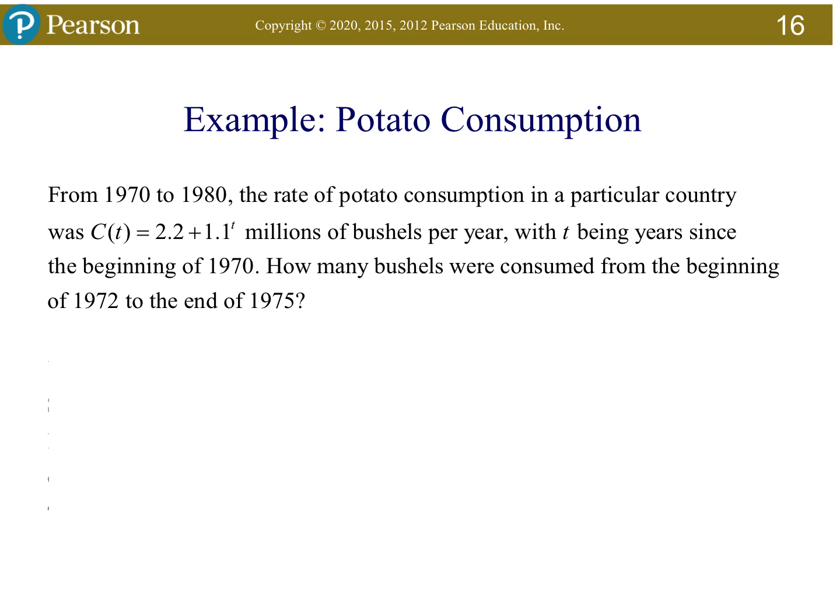All right, so we are going to set up an integral to model this. We'll be looking at the C of t. Okay, and the C of t is measured in millions of bushels per year. dt will be my differential.